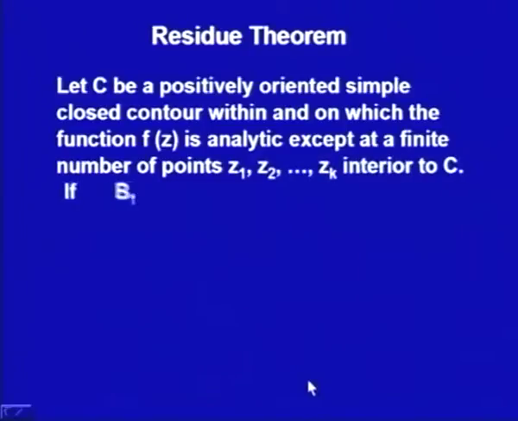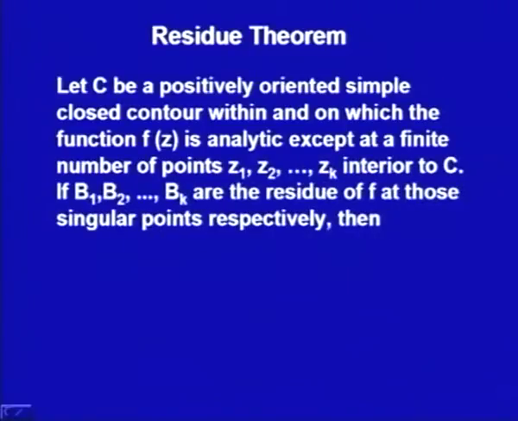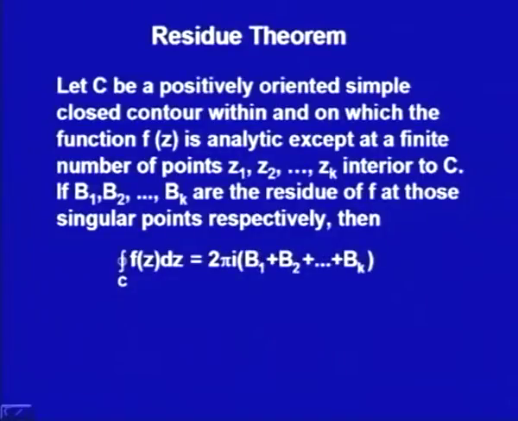Let C be a positively oriented simple closed contour within and on which the function f(z) is analytic except at a finite number of points z 1, z 2, z k interior to C, and if capital B 1, capital B 2 and capital B k are the residues of f at those isolated singular points respectively, then the integral of the function f(z) along this closed contour C is given as 2 pi i times B 1 plus B 2 plus B k.